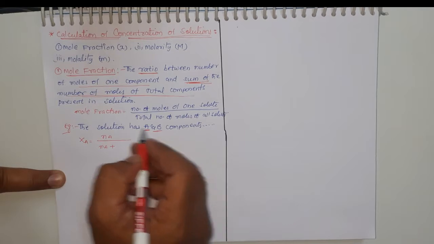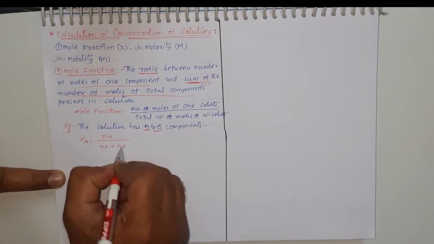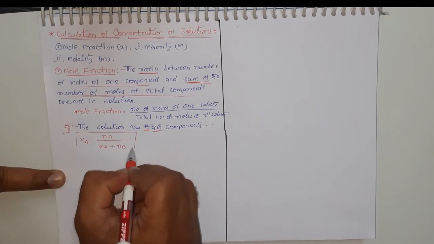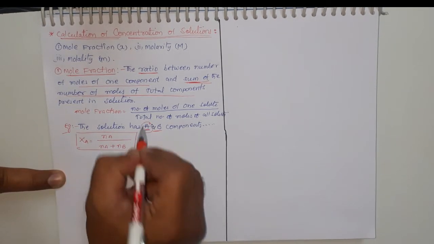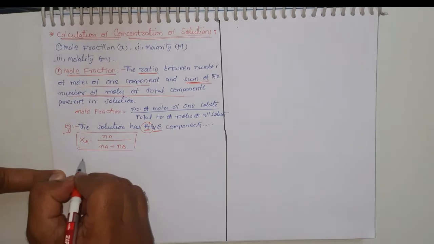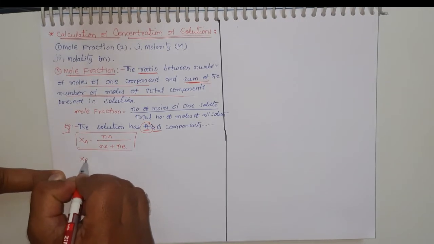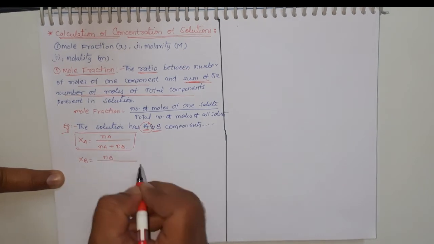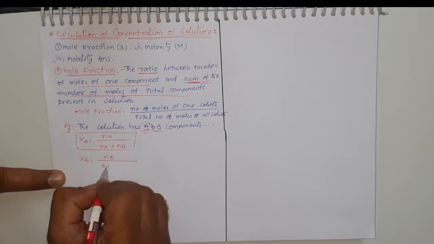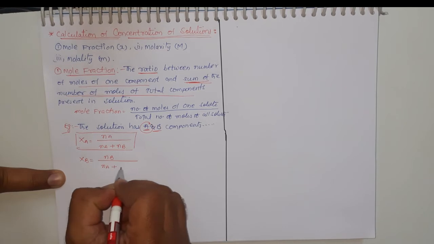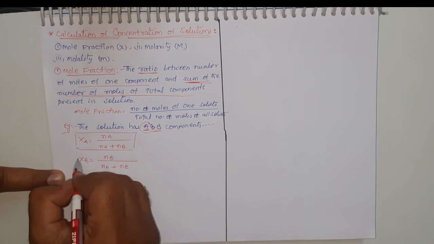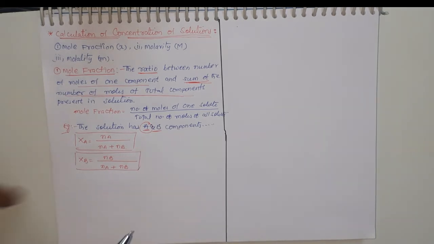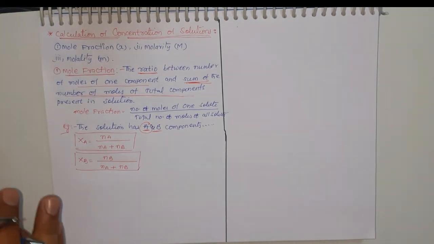Total components is 2. So NB is the number of moles of B component. This is the mole fraction value of A component. Next, B. Mole fraction of B is shown as number of moles of B component by number of moles of A component plus number of moles of B component. This is how we show mole fraction values.